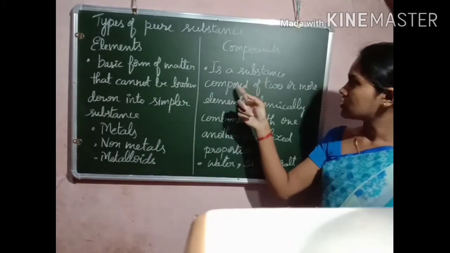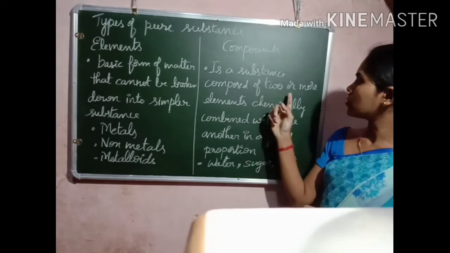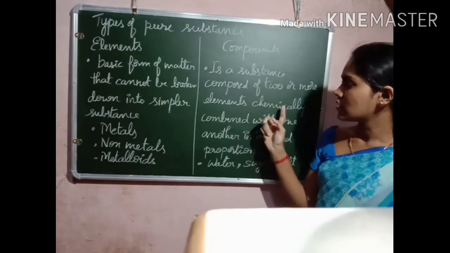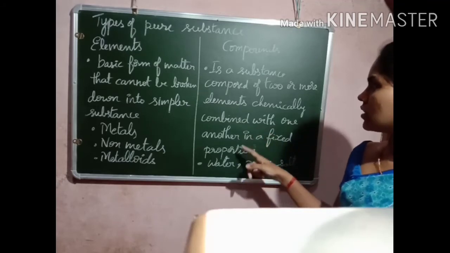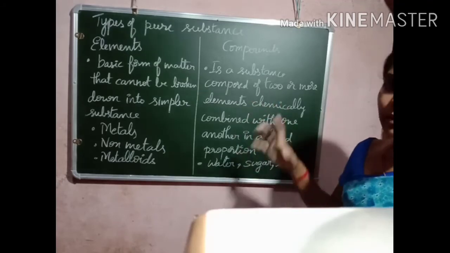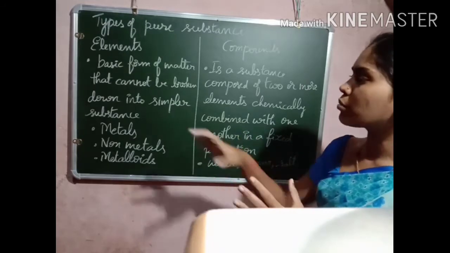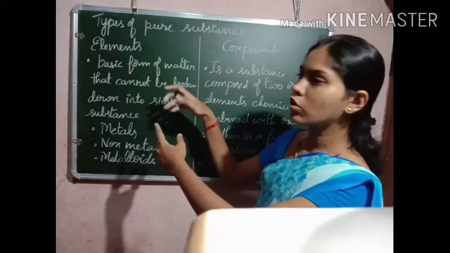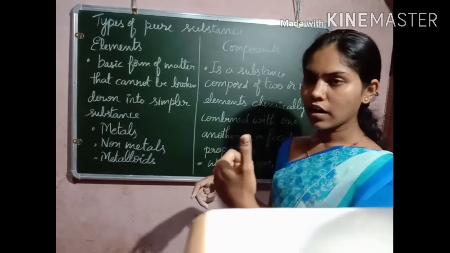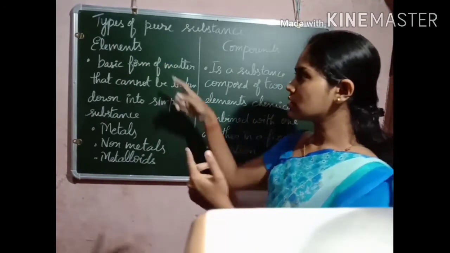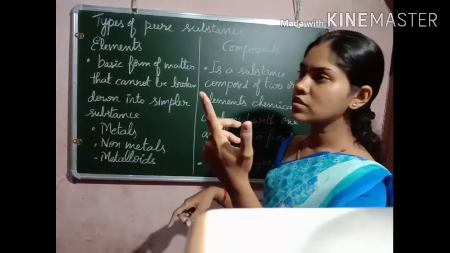So what is a compound? A compound is a substance composed of two or more elements chemically combined with one another in a fixed proportion. For example, hydrogen is one element, oxygen is another element.